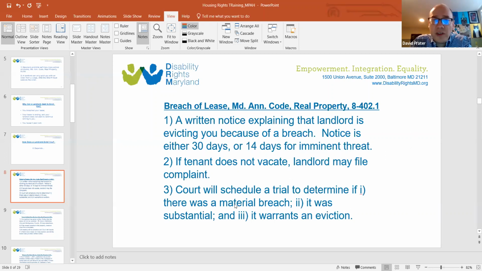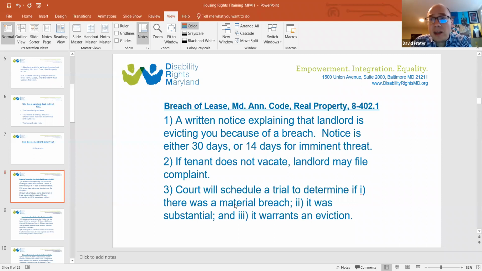These pre-filing notices under Maryland's breach of lease statute are either 30 days, or 14 days when there are instances of imminent threat. So, if at the end of that notice period the tenant has not vacated, then the landlord may file a complaint in court. The landlord cannot file a complaint before that notice period has expired.